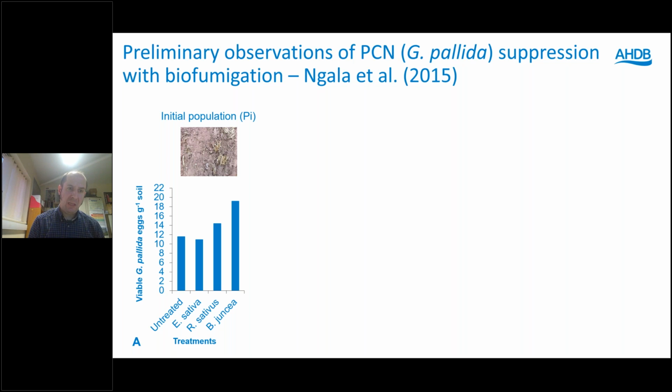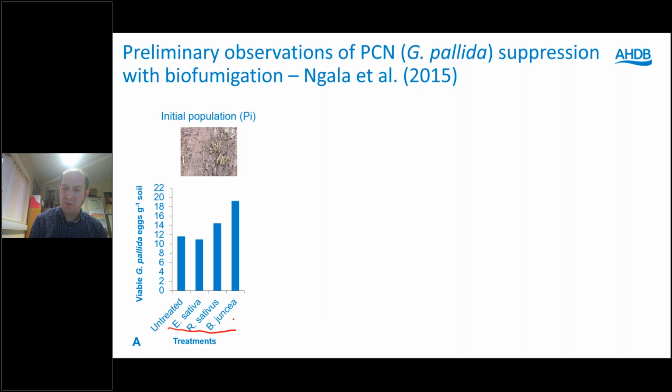You can see here, the measurement is the number of viable eggs per gram of soil. The treatments are 3 different biofumigants that you can see down here, and that's rocket, radish and Indian mustard, and this is compared to an untreated fallow soil.